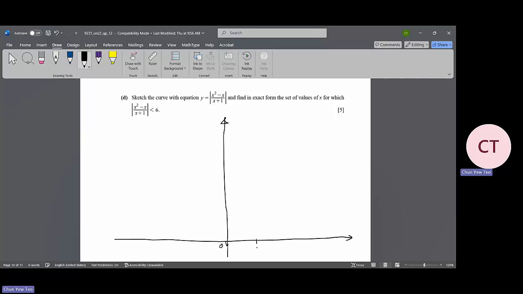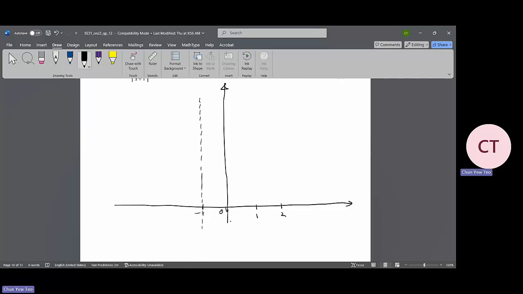So this is 1, this is 2, and this is -1, like this. Your asymptote, by right, this is -1, -2. By right, you have the oblique asymptote going like this. But it will reflect.